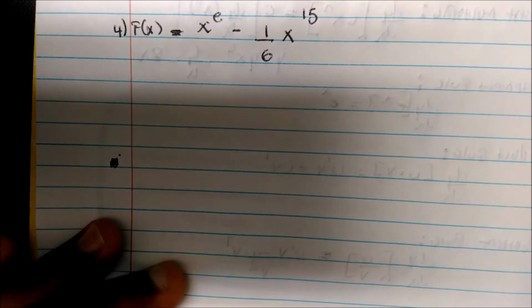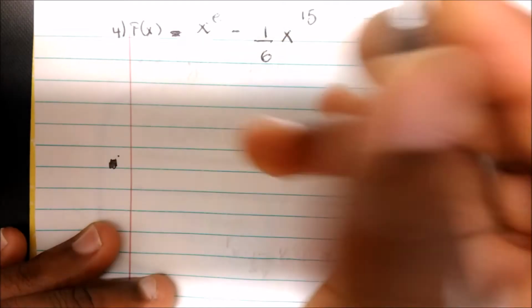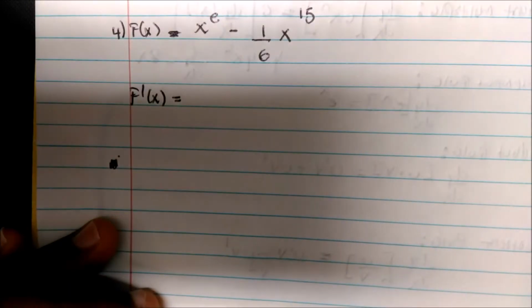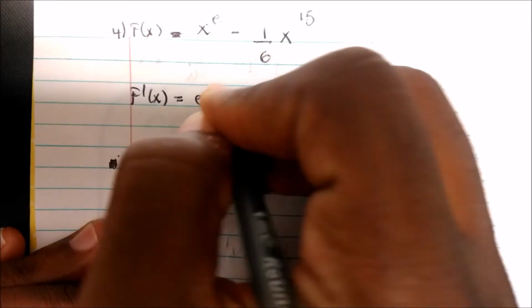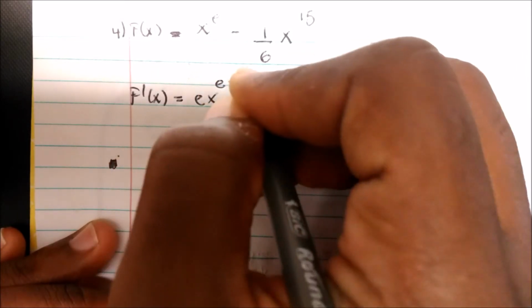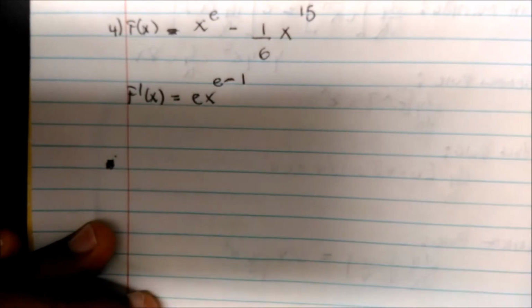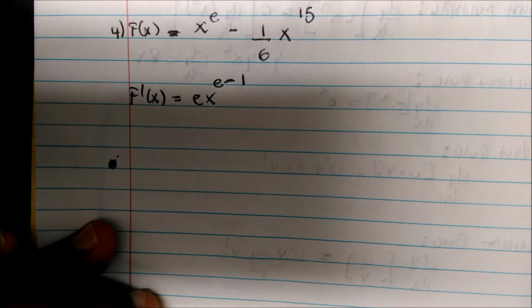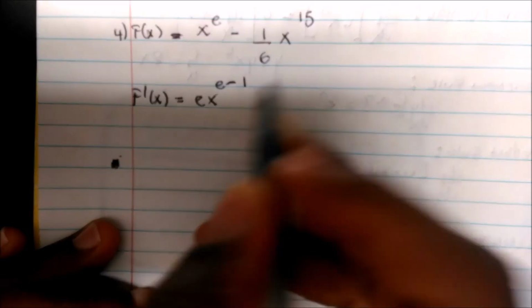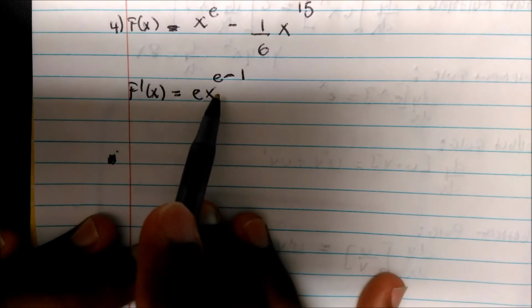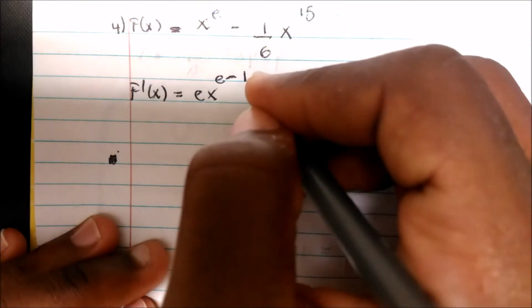Let's go to the last one. Well, this is also an f prime, so we're going to start off with that, all right? So f prime of x, well, this is x to the e, so we're going to bring down our e, so this is e x to the e minus 1, right? See that? We just bring down the e because e is a number, but it's a 2 point something, and it's a decimal, so we want exact answers. So e comes down times x to the e minus 1, right?